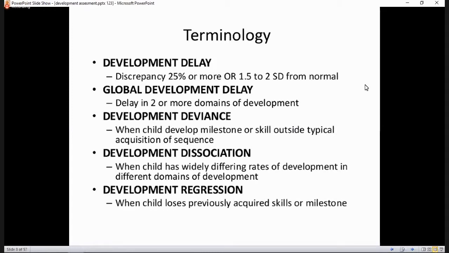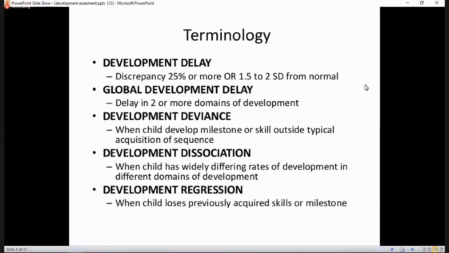The last terminology is the development regression. Regression means backward. It means that once the child or person has acquired a skill, he then loses it.